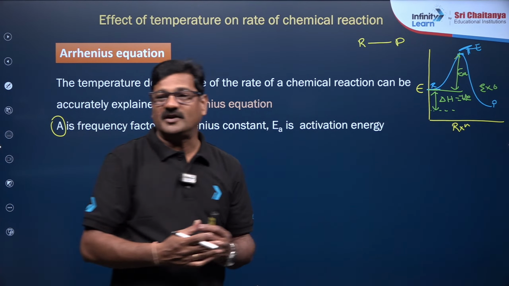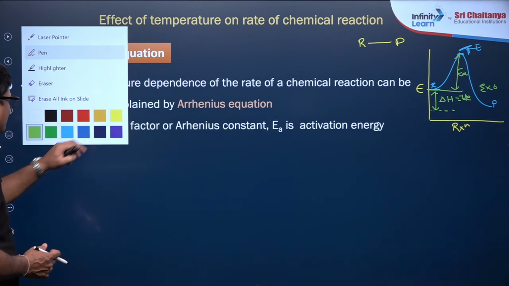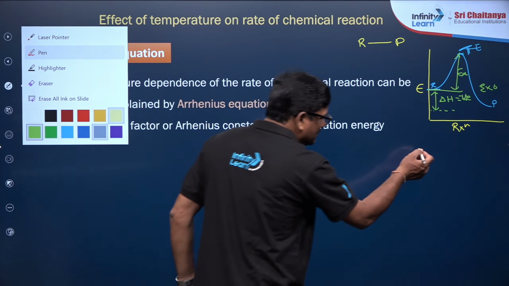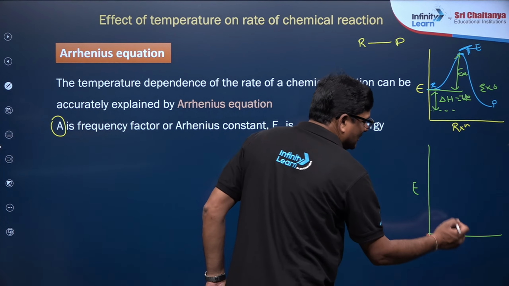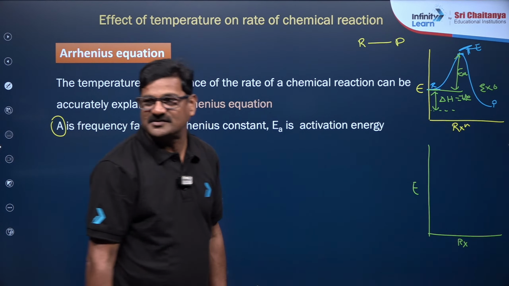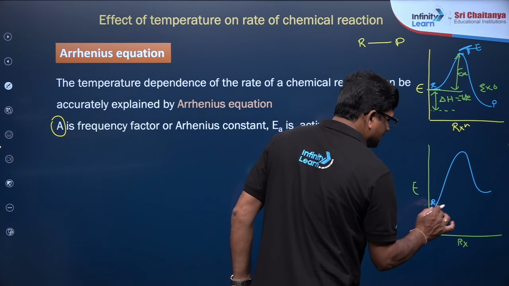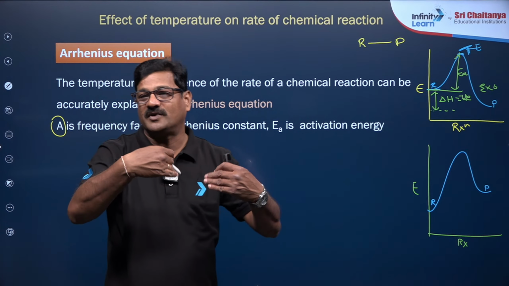If it is an endothermic reaction, how will the graph structure be? Here you see potential energy and the reaction coordinate, and it is going to be like this. This is the reactant, and if the energy of the product is greater than the reactant, it is an endothermic reaction.